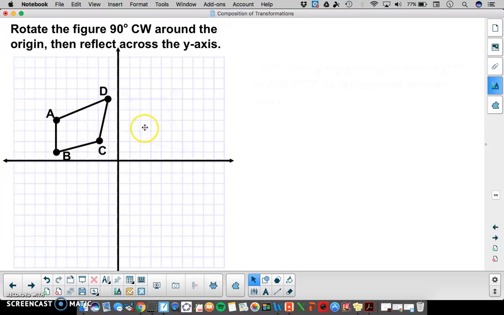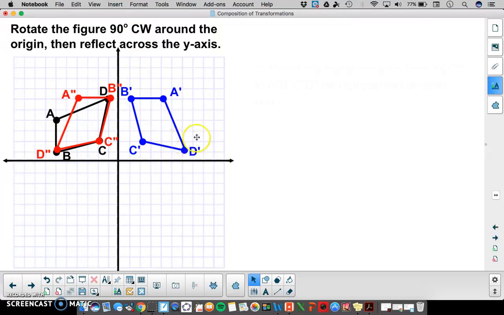When we rotate that figure, we're going to get A prime, B prime, C prime, and D prime. Now I'm reflecting this blue figure across the y-axis, and so I'll end on this red figure. Notice it does not look the same as what we just did. So it does matter what direction we start with when we rotate.